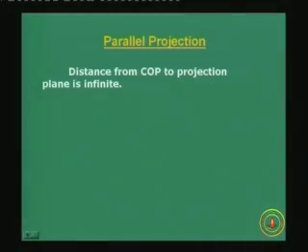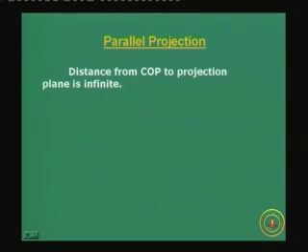For parallel projection, I must remind you that you must work out all those expressions which are given earlier for the generalized transformation matrix. In the case of parallel projection, we know that the constraint is that the distance from the COP to the projection plane is infinite.